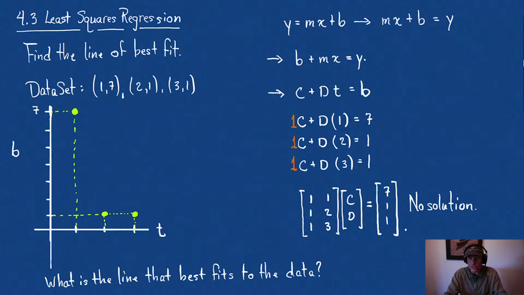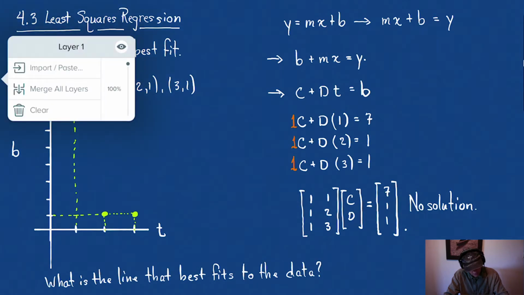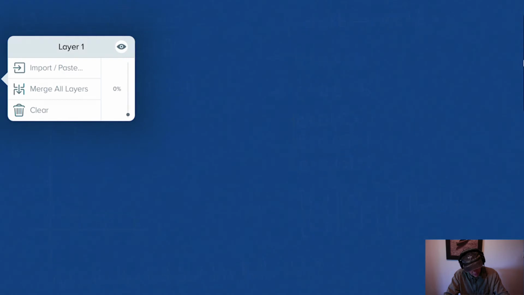I'm going to be switching back and forth to develop our pictures here. So let's go to our next screen, and let me turn this layer off, and let's see why we know that there's no solution to this problem. Well, if I write my equation 1, 1, 1, 1, 2, 3, I'm going to write just the augmented matrix 7, 1, 1.